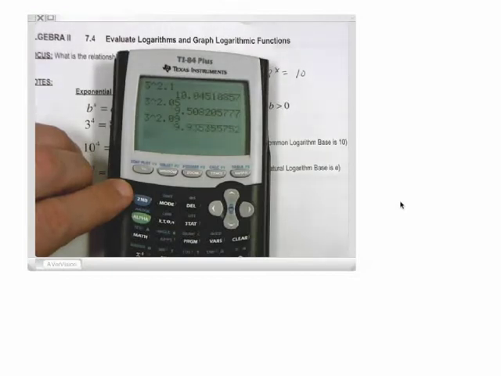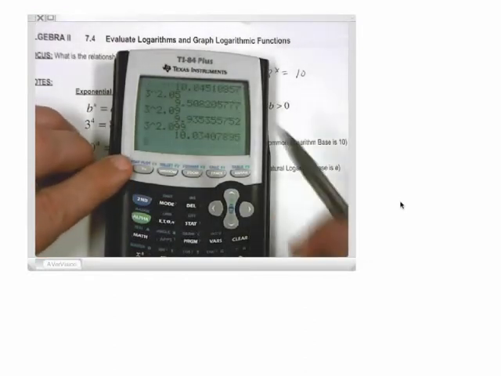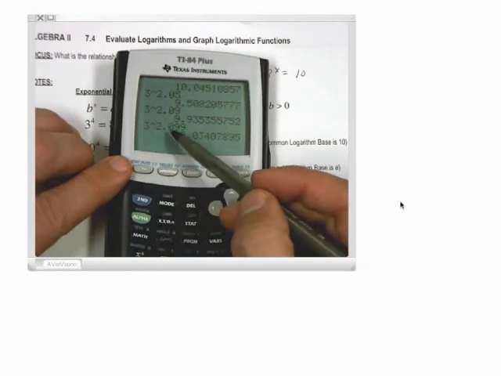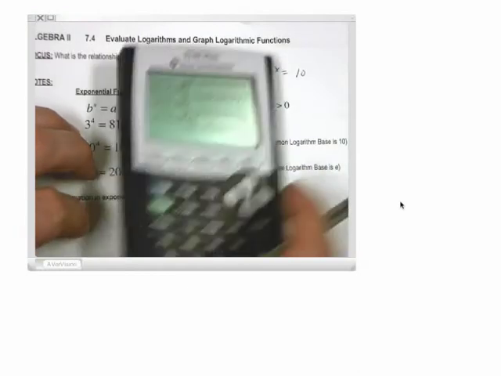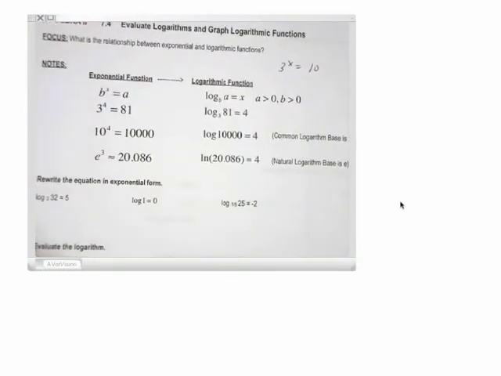So I keep trying numbers. Instead of 2.1, I go 2.099, and now I'm getting closer to 10. But what is it exactly? What power do I need to raise 3 to get exactly 10? Logarithms are going to help us eventually solve that.